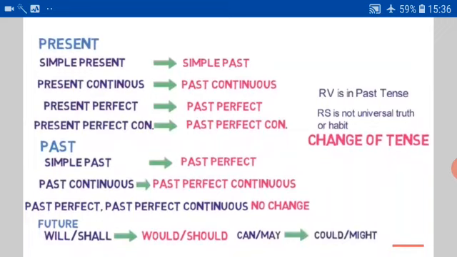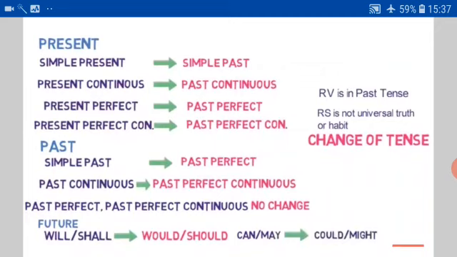All present tenses will be changed into past tense, just like this: simple present into simple past, present continuous into past continuous, present perfect into past perfect, present perfect continuous into past perfect continuous. And now past tenses like this: simple past will be changed into past perfect, past continuous will be changed into past perfect continuous, past perfect continuous, no change.